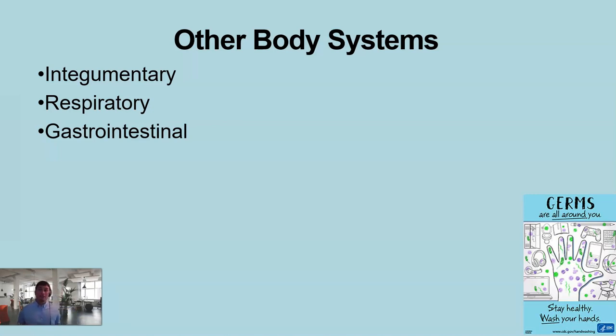So let's talk about the gastrointestinal system. The GI system plays a role because it actively helps the body fight infection. The normal flora in the low pH of the GI tract prevent the colonization of pathogenic microorganisms by secreting toxic substances or competing with the microorganism for the nutrients they need to thrive.